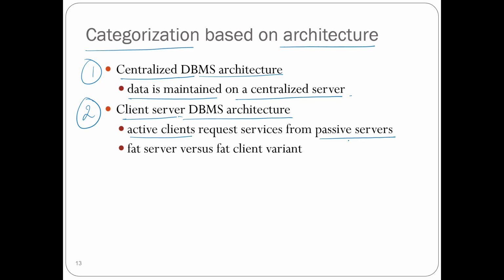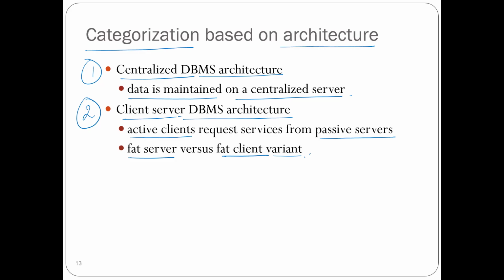Now in that client server kind of architecture, we have 2 possibilities: the fat server variant versus the fat client variant. Now you need to understand the difference between the fat server and fat client.